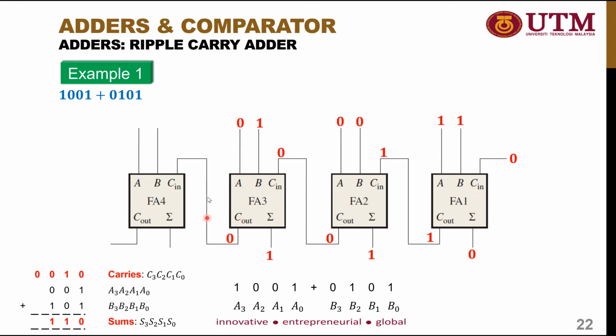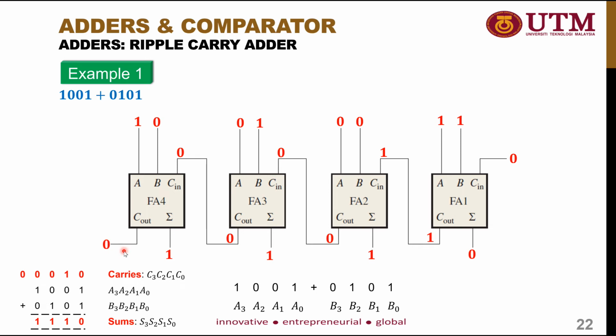So the output carry will be directly connected to the input carry of full adder number 4, and it will be added together with the last part, which is the MSB of the input, which is 1 and 0. So 1 plus 0 plus 0 will be equal to 1 with the carry 0. And then you will get the sum of 1 and the output carry of 0.